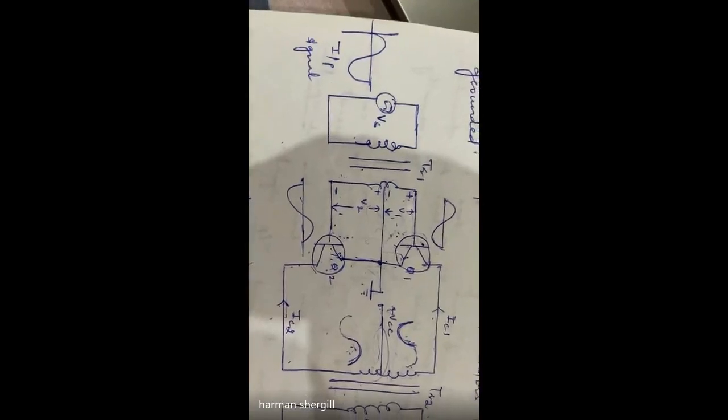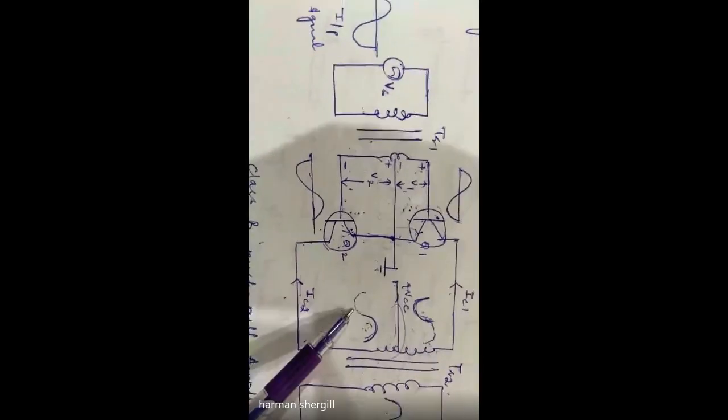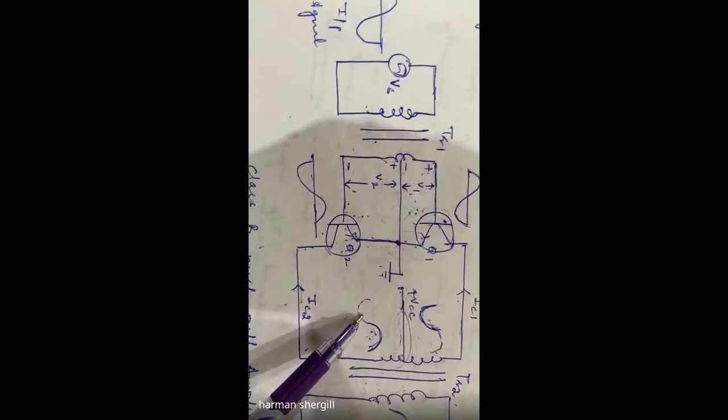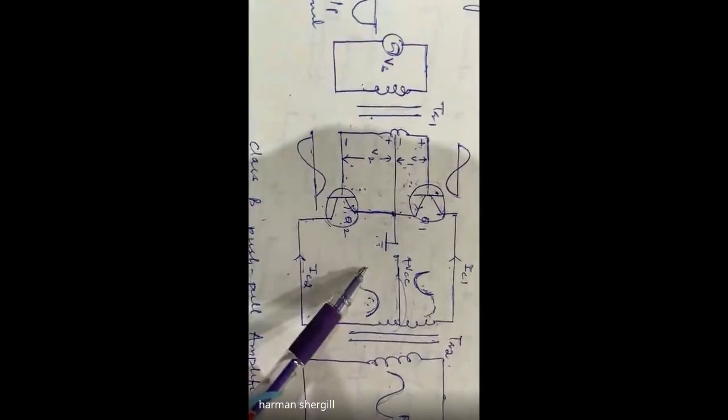And a half cycle of voltage waveform is generated across the lower primary winding of an output transformer. Now in first case you will get a voltage over here, and in the second case you get a waveform over here.